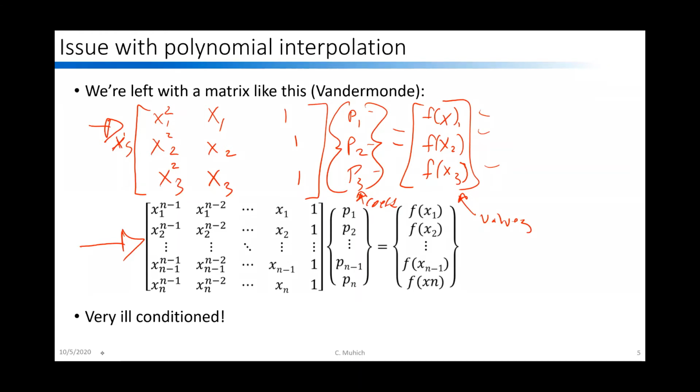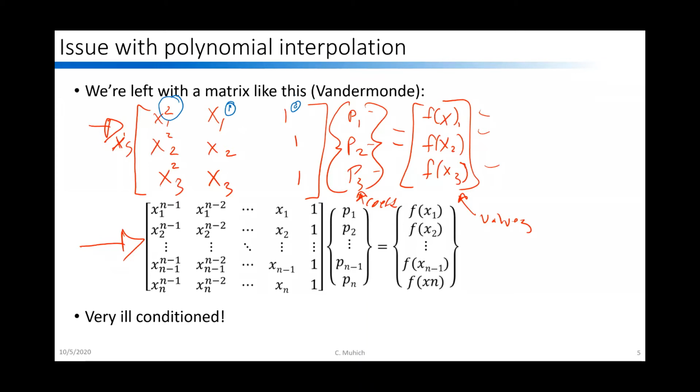What you'll notice, if we look at this matrix, is we have a squared term, the first power, and the 0th power. So I could put a 1, and this is then that 0 power. This is called a Vandermonde set of linear equations, a Vandermonde matrix.